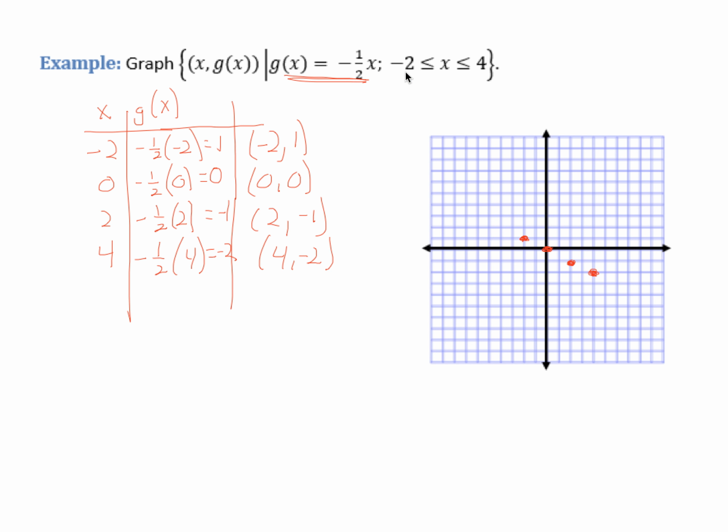So you actually connect these with a line, which means all points along this line will be part of this relation or function, which it is a function. So all these points. So our answer is this segment right here. And that is our review of relations and functions.